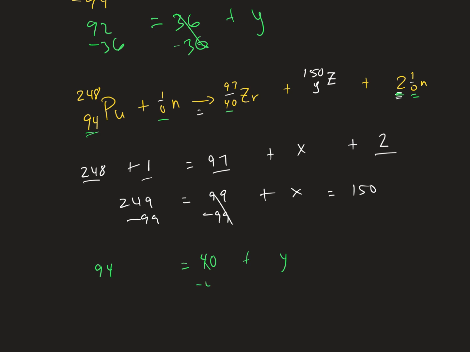So we subtract 40 from both sides, and we get Y is equal to 54. So we can change this Y to be 54. And what are we going to change the Z to be, guys? Xenon? You follow?